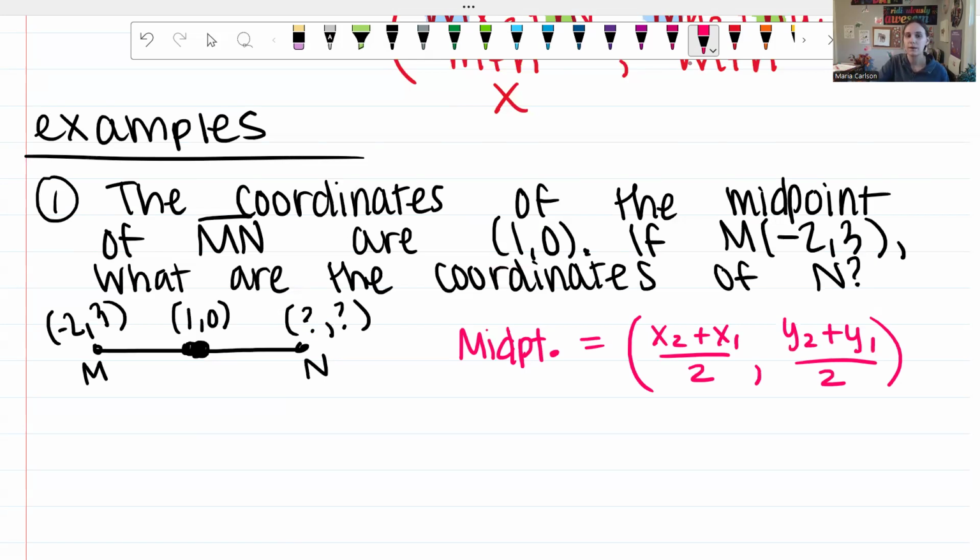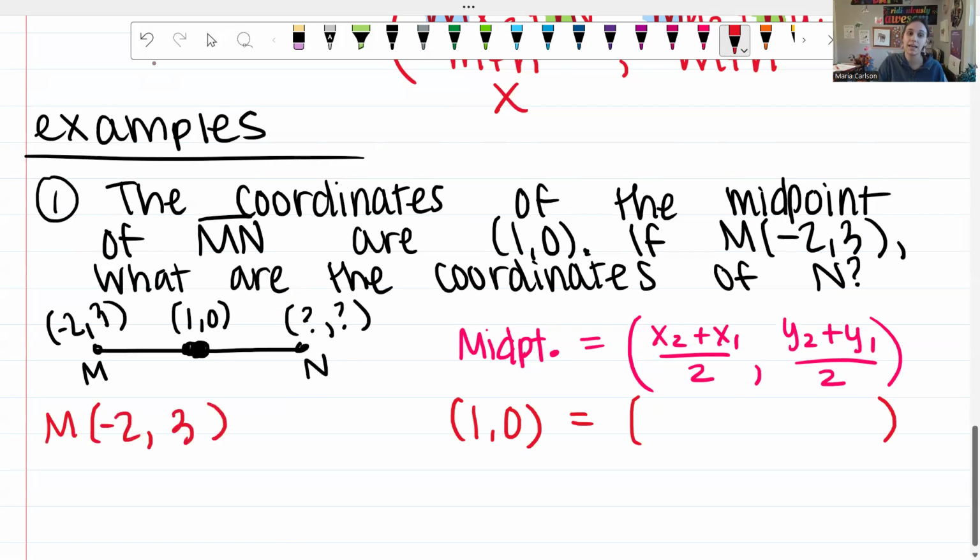So let's think about this. I know the midpoint, right? Our midpoint is 1, 0. And this is going to be equal to, well, I know one of the points. I know one of the x1s and y1s. We know m, which is -2, 3. So let's let x1 be -2 and y1 be 3. So this midpoint, 1, 0, will be found, and I'm going to make this a little bit bigger, by first adding x2, which we don't know.